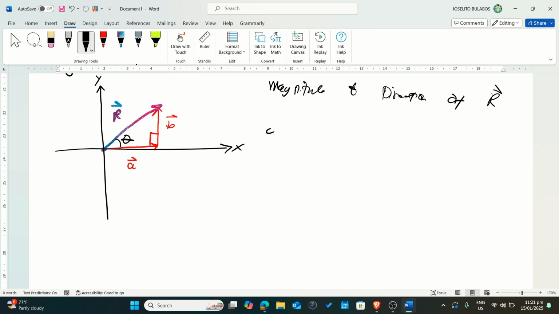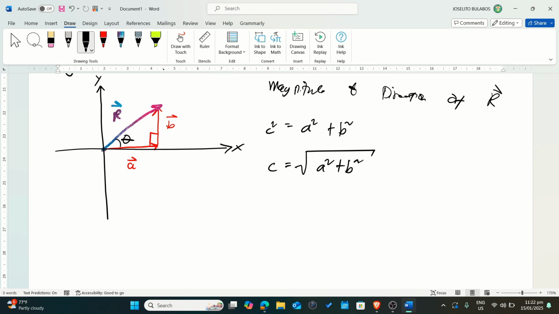So if you could still remember, the Pythagorean theorem is c squared equals a squared plus b squared, or c equals the square root of a squared plus b squared. Now in physics, we're going to apply this, and this is very useful, especially if we have more than one or three vectors.